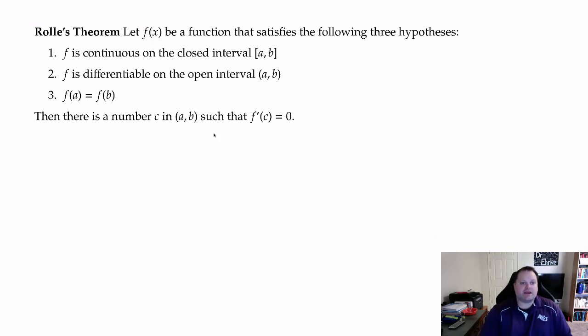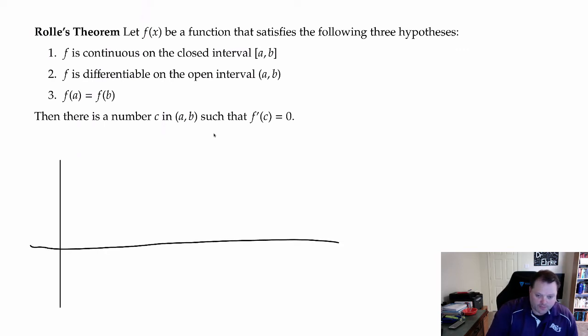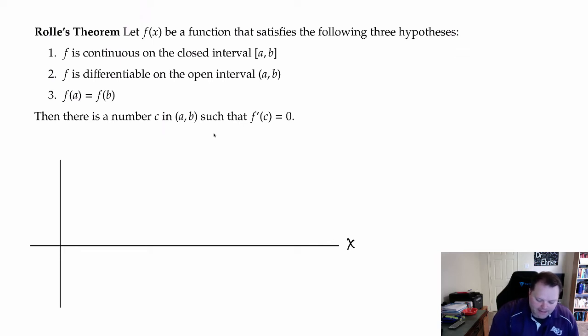All right, related to that is something called Rolle's theorem. What Rolle's theorem says is, it's kind of a fun theorem to think about. Suppose that you have a function and it's defined on a closed interval.